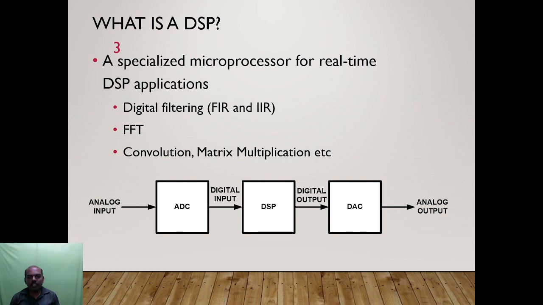This output digital signal goes to the DSP. Then in the DSP block, the signal is processed in digital form and produces a digital output. Then DAC, digital to analog converter, produces the analog output waveform.